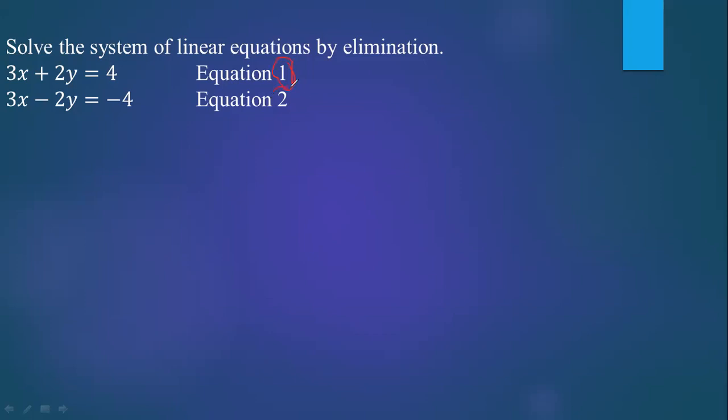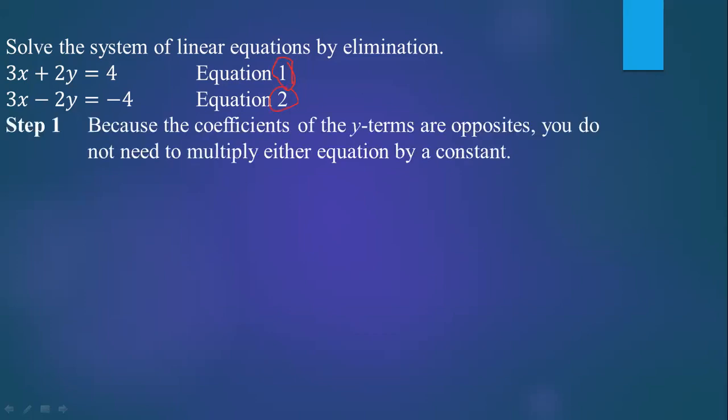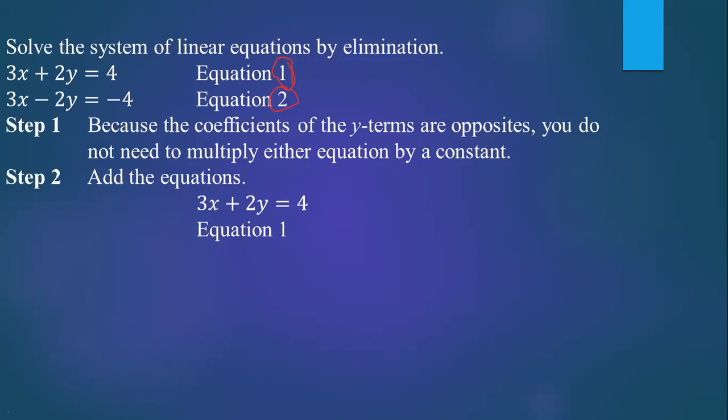All right, what do we mean by elimination? We eliminate one of the variables, just like the example that we said. Taking this example, you have 3x plus 2y. Take a look at this: plus 2y and minus 2y.